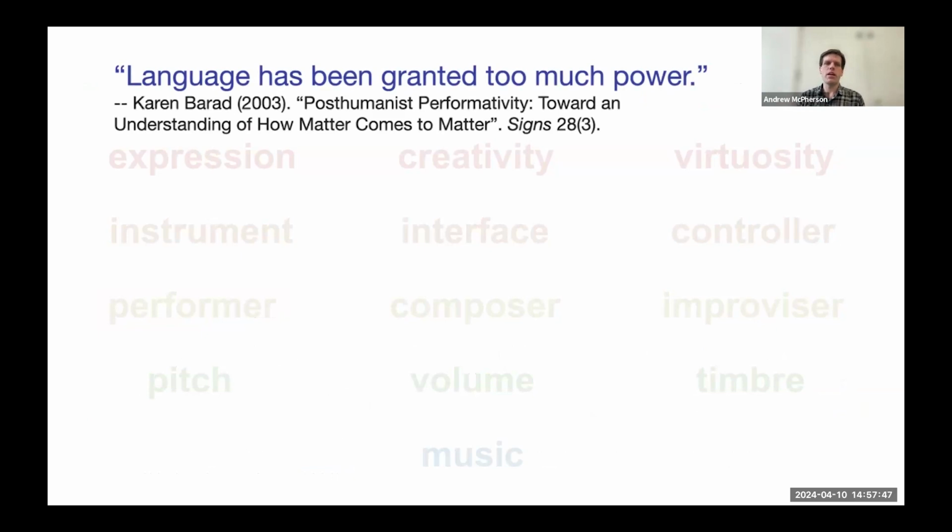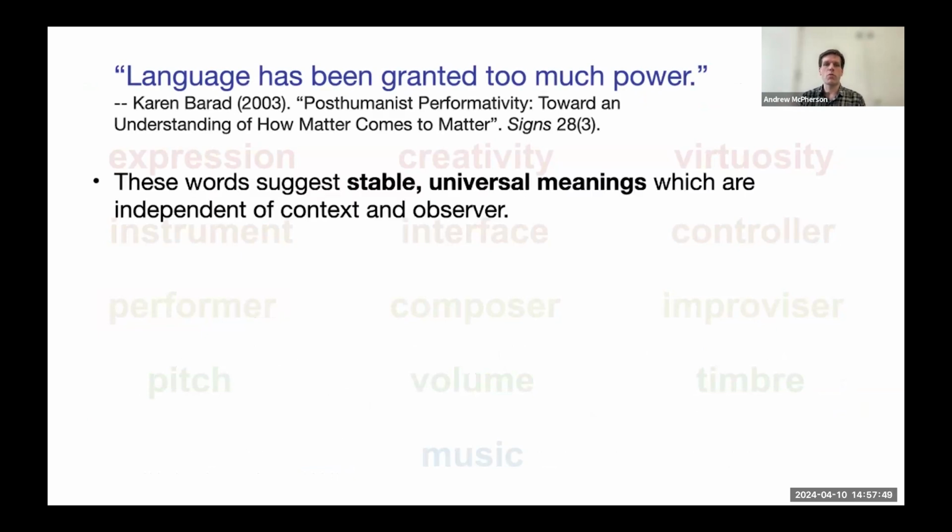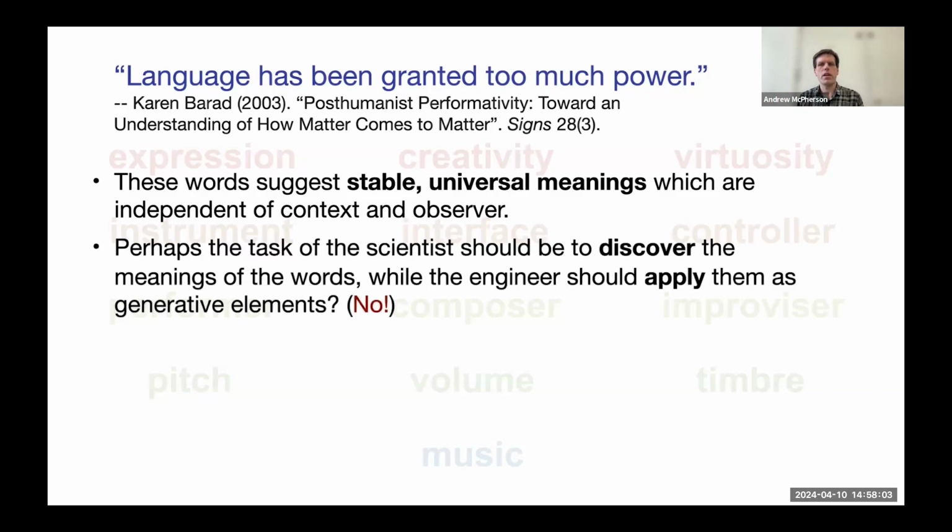If we spend a lot of time thinking about what we mean by expression, or for that matter, what pitch, volume, and timbre are, the suggestion is that these words have stable and universal meanings, which can somehow be independent of a context and an observer. If we follow that line of argument, we might think that the scientist is out to discover what expression is, what is the fundamental essence or nature of creativity. I'm not sure that's the most productive way of thinking about things.